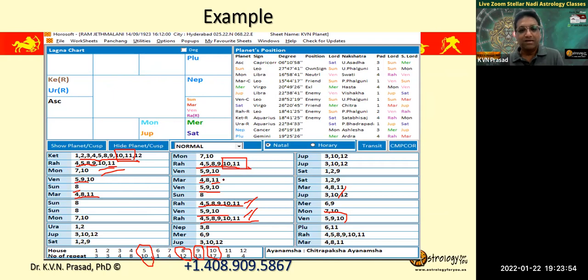But when you come here, it gives an entirely different picture, much stronger. You can tell very confidently how he will be in his life. Even if you have 6, 8, 12, all these combinations, the 10, 11 will beat that. We will talk more in the next class.